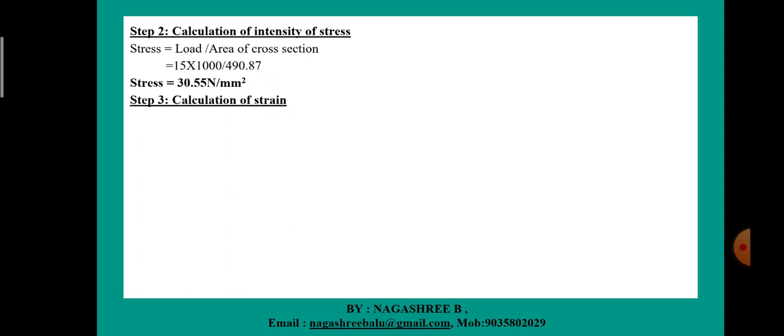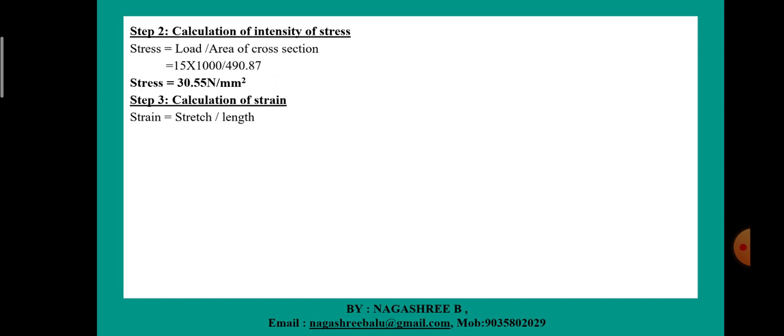So the next is calculation of strain here. Strain is nothing but change in dimension to the original dimension, but here since it is subjected to tensile load, the change in dimension in particular is nothing but the elongation, or it is also called stretch. So stretch divided by the length. Stretch under the elastic load we are supposed to take here. Why?